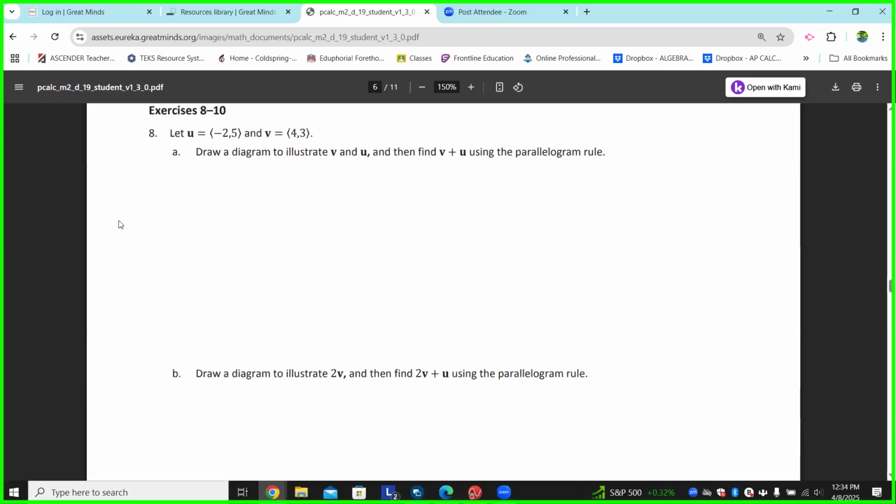We're going to draw the diagram to illustrate V and U, and then find V plus U using this parallelogram rule. All right, y'all go ahead and draw it out and then figure out what that V plus U is.